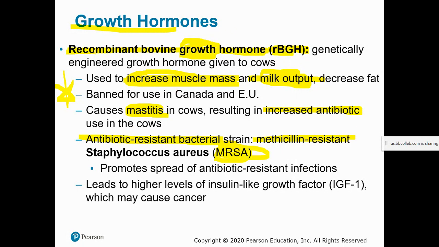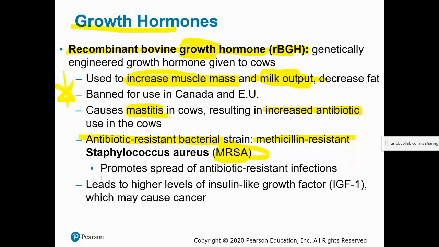So interestingly, just by using this growth hormone and trying to do good for business and produce more meat more rapidly or more milk more rapidly, it sort of comes back to bite us. And now we get these really sick animals who get overdosed with antibiotics. And now we create this environment for antibiotic resistant bacterial strains to develop.